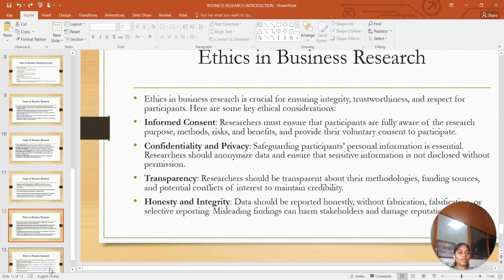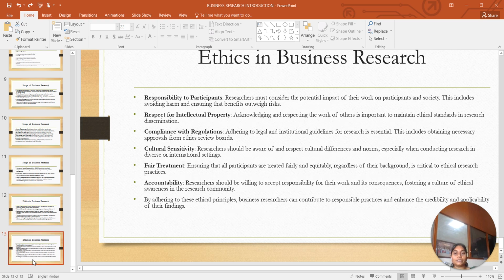Data should be reported honestly without any fabrications and falsifications or selective reporting, and misleading the findings can harm the stakeholders and damage the reputation of the organizations.